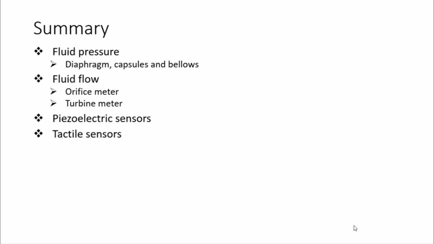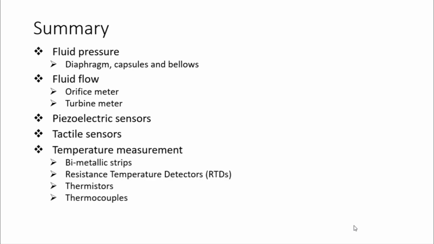After that, we saw important sensors such as piezoelectric sensor and tactile sensors. Then we learned various sensors which are used to measure temperature. These are RTDs, that is resistance temperature detectors, thermistors, and thermocouples. At the end, we learnt about the light sensors.